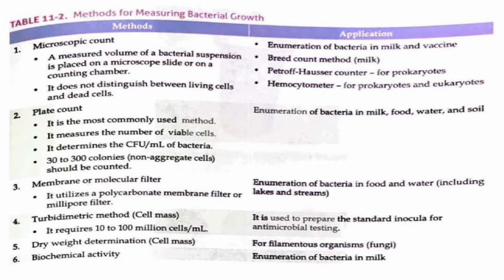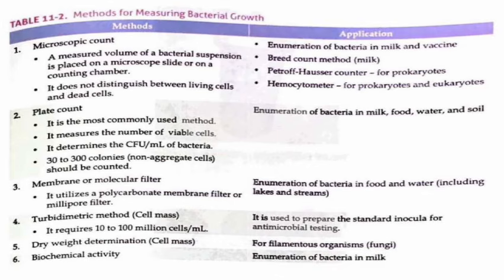Again, we can use microscopic count to measure the volume of bacterial suspension by counting the bacterial cells literally or directly in a counting chamber or in your microscopic slide. Okay? Plate count also is used to determine naman po the colony forming units of your bacteria in your sample. Okay?